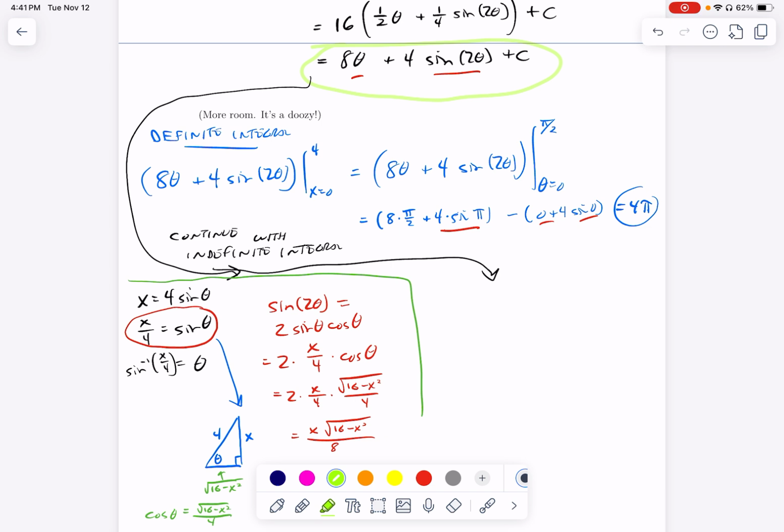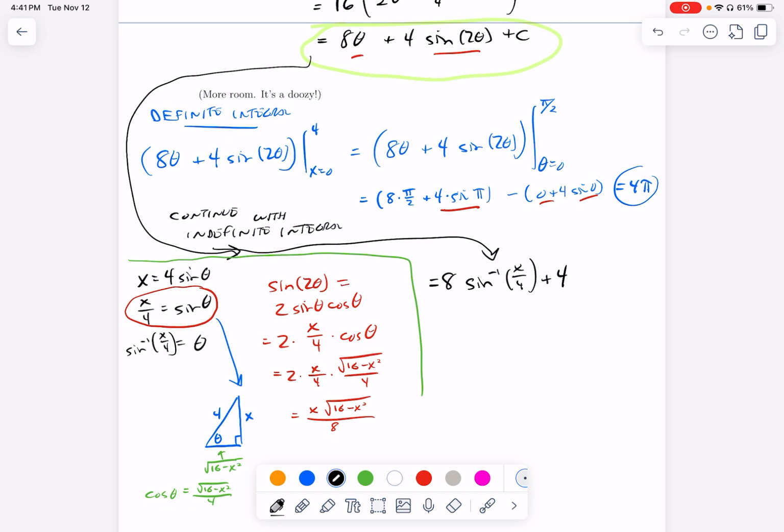So in terms of x, I would have, well, it's 8 times theta, and theta is inverse sine of x over 4, plus 4 times sine of 2 theta, and sine of 2 theta is this expression here. X times root 16 minus x squared over 8.